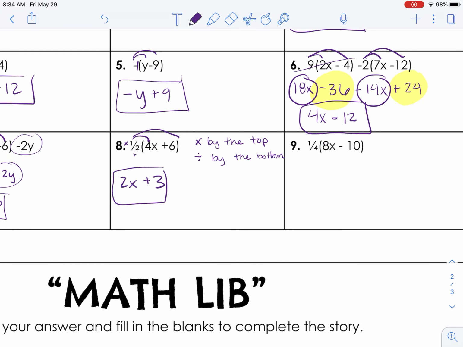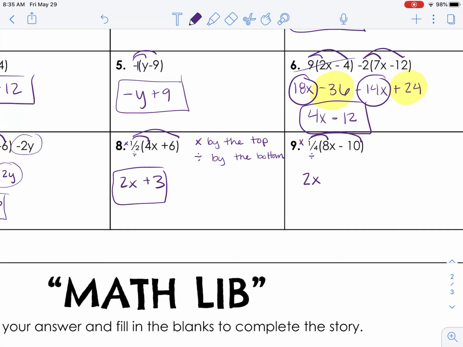And the last one, 1/4. So same thing, you're going to multiply by the top, divide by the bottom. So I've got 8x times 1 is 8x, divided by 4 is 2x. That negative 10 times 1 is negative 10, divided by 4. It's going to give us a fraction.